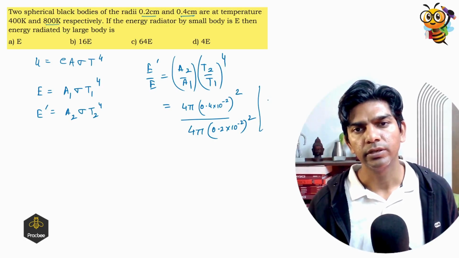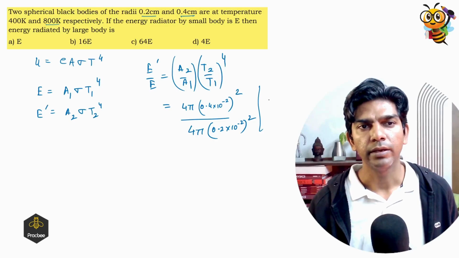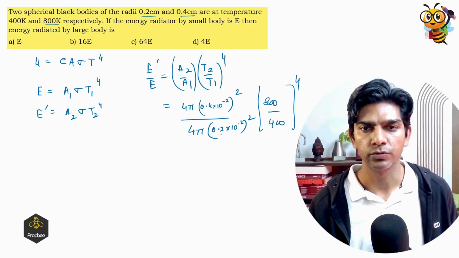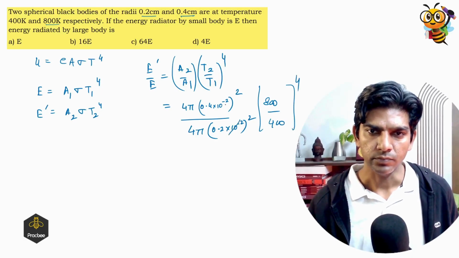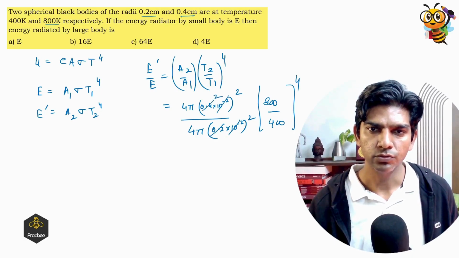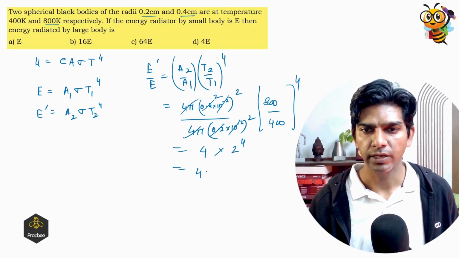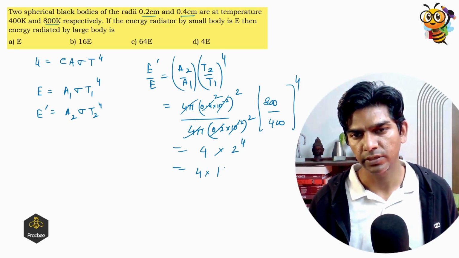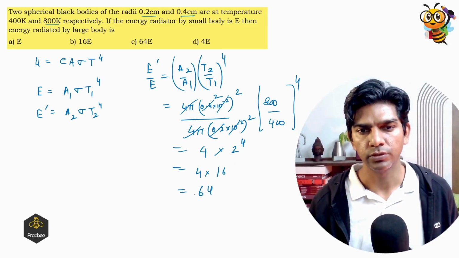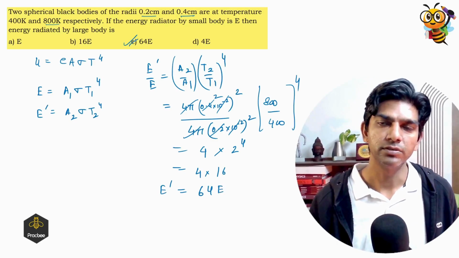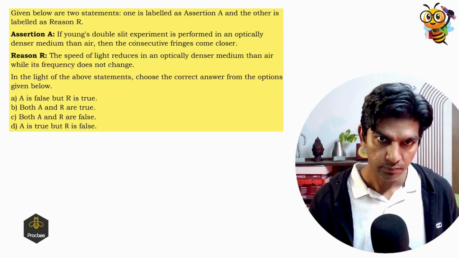For the bigger body it is 800 and for the smaller it is 400, raised to power 4. So this will cancel out, this will give us 2. So we have 4 times 2 raised to power 4, so 4 times 16. So it should be 64. So E prime is 64 times E. So option C is the right answer.